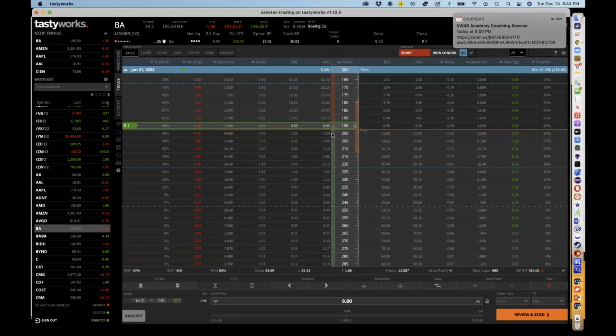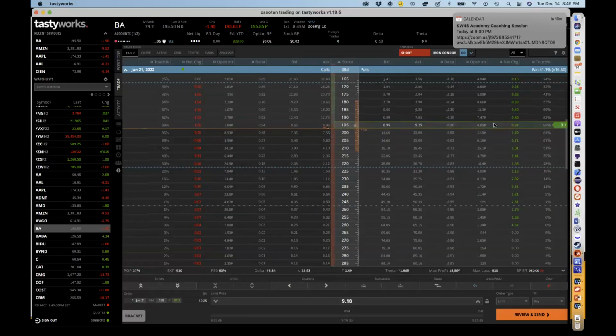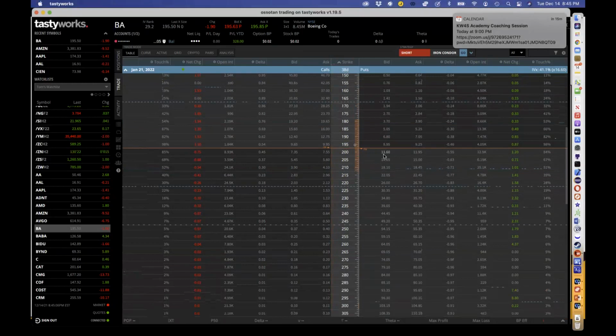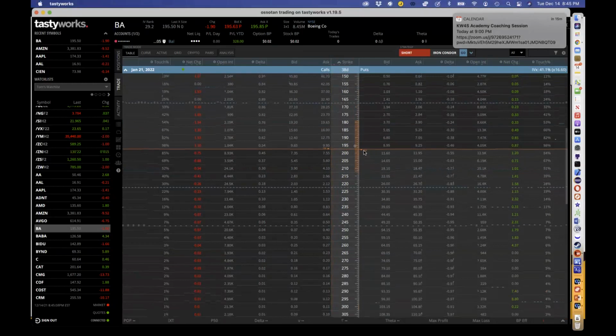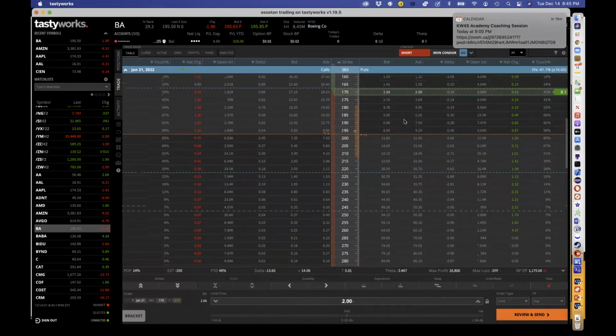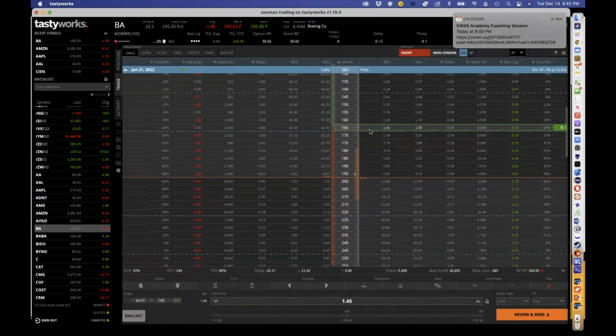When you buy the put, you are actually paying a premium, and you want to buy it at a lower price than what the stock is. If you buy a put, let's say I bought a put at 165, and then the stock drops to 165.